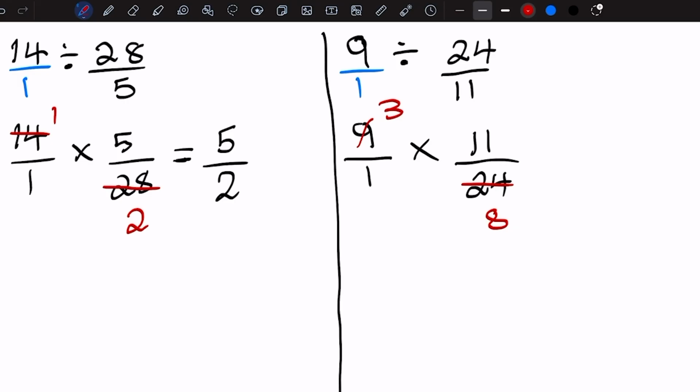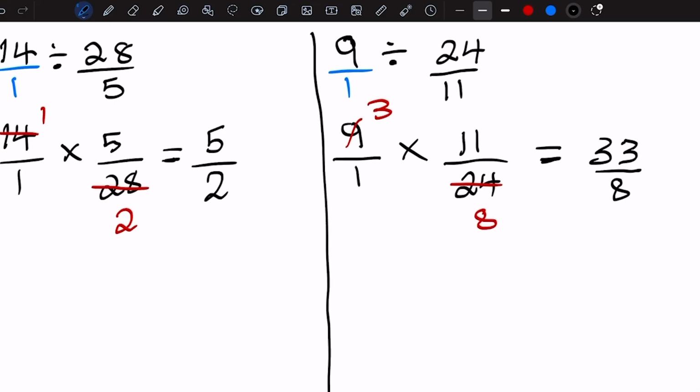We look again, and nothing else can be simplified. So we just multiply across now. 3 times 11 is 33. Then 1 times 8 is just 8. So we end up with 33 over 8 as our answer.